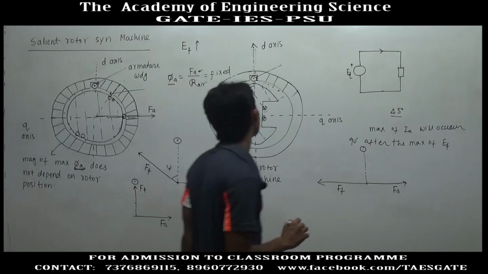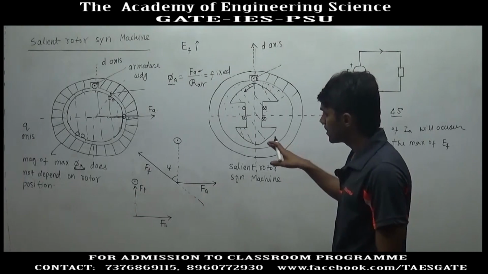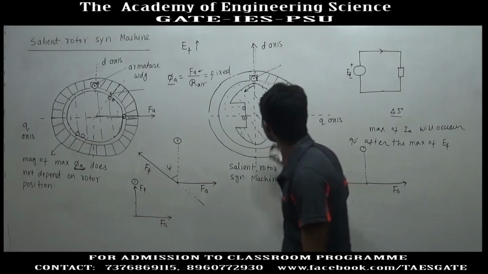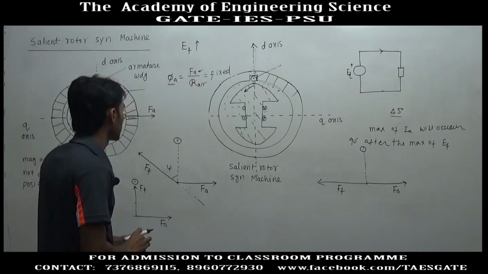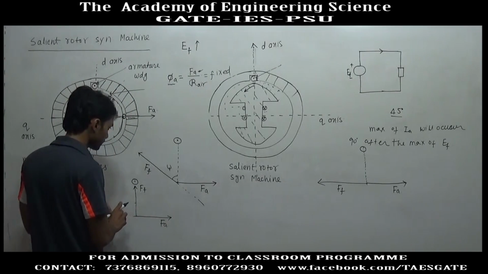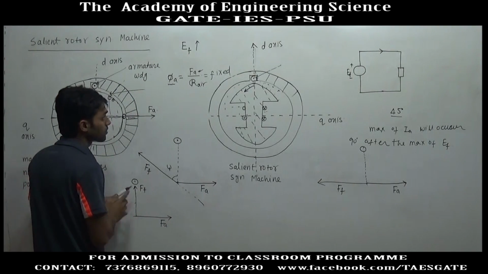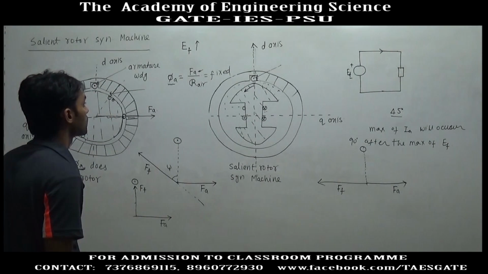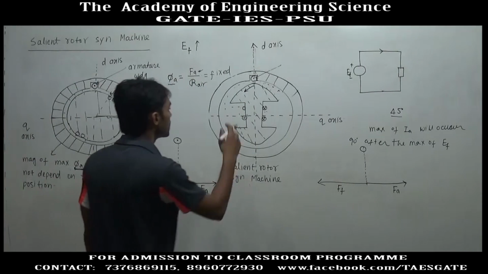But if we analyze the same thing in the case of a salient rotor machine, what will happen? Suppose the load is 45° lagging, or the load is unity power factor.